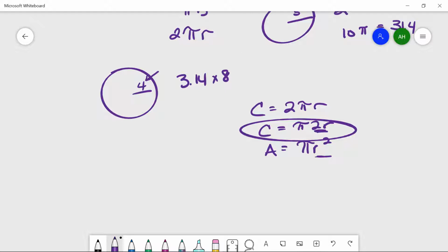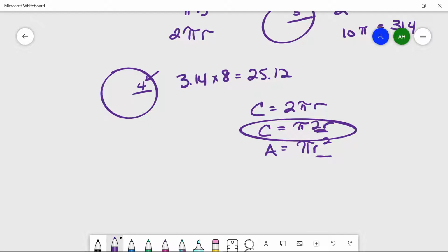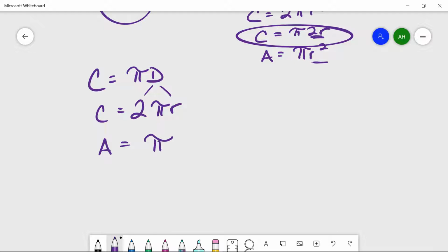So up here, this is going to equal 25.12. And as you're thinking about the circumference, we can just say pi times the diameter, or the circumference equals 2 times pi times the radius, because the diameter is 2 times the radius. The area equals pi times the radius squared.